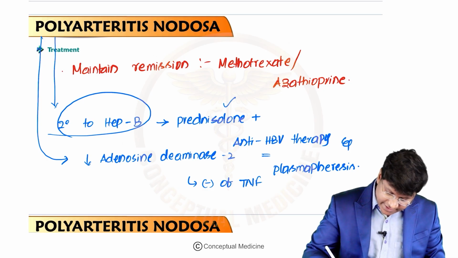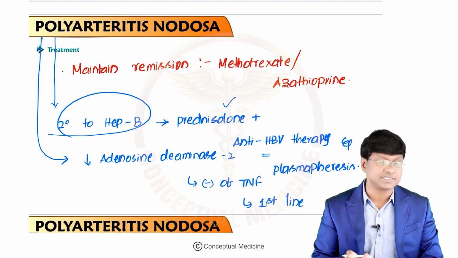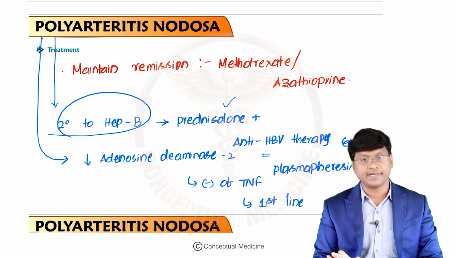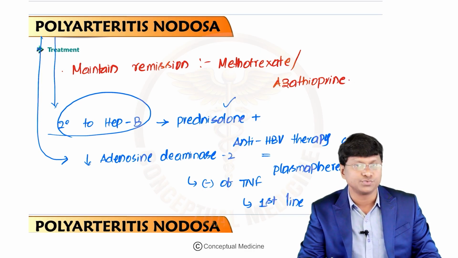So inhibitors of the TNF will be the first line treatment for polyarteritis nodosa associated with deficiency of adenosine deaminase 2.